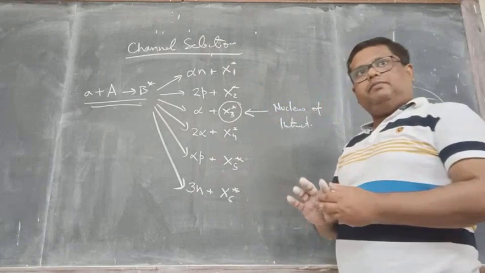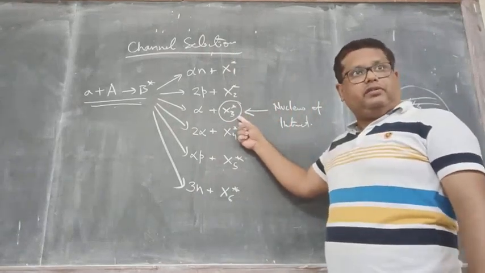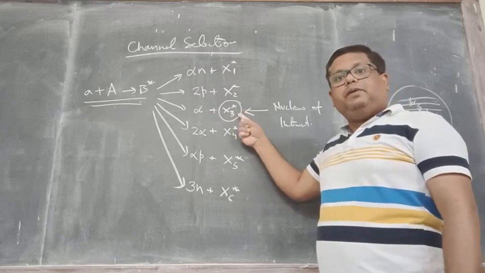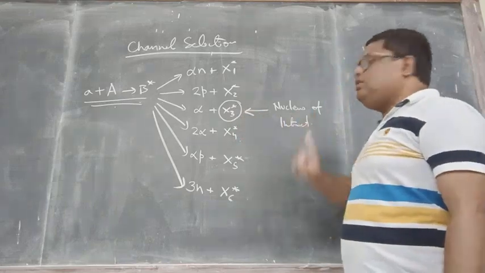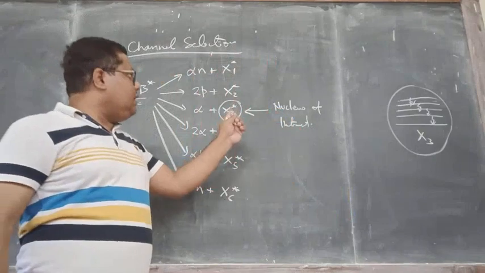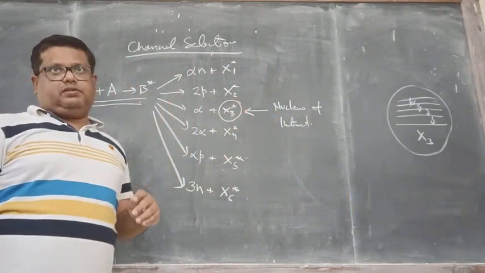Out of them, suppose this X3 star, X3 nucleus, star means it is in an excited state and will be de-exciting by gamma rays. This is the nucleus of interest. That means I want to study the gamma ray spectrum of this nucleus.